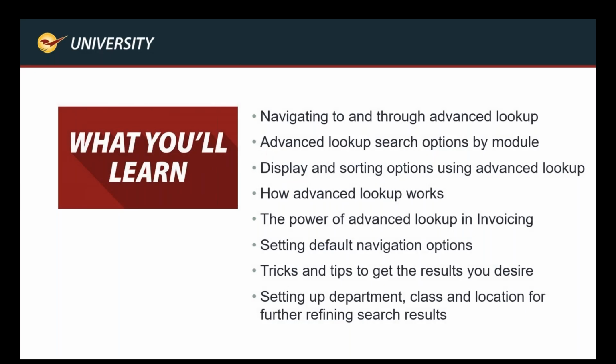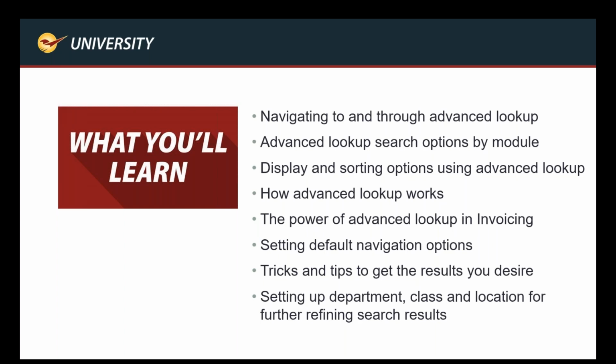As an overview, what we're going to talk about is navigating to it, which is pretty simple, but we're still going to hit it. And then once we get there, how do we navigate through the advanced lookup? Ways to do different searches, display sorting options, how it works, the power of it in invoicing, because there's some features in there that maybe are underutilized by a lot of people.